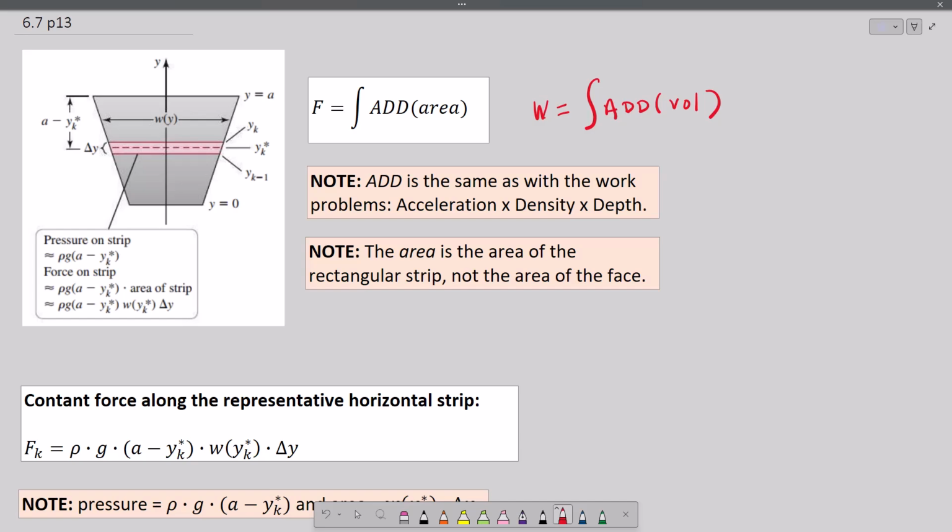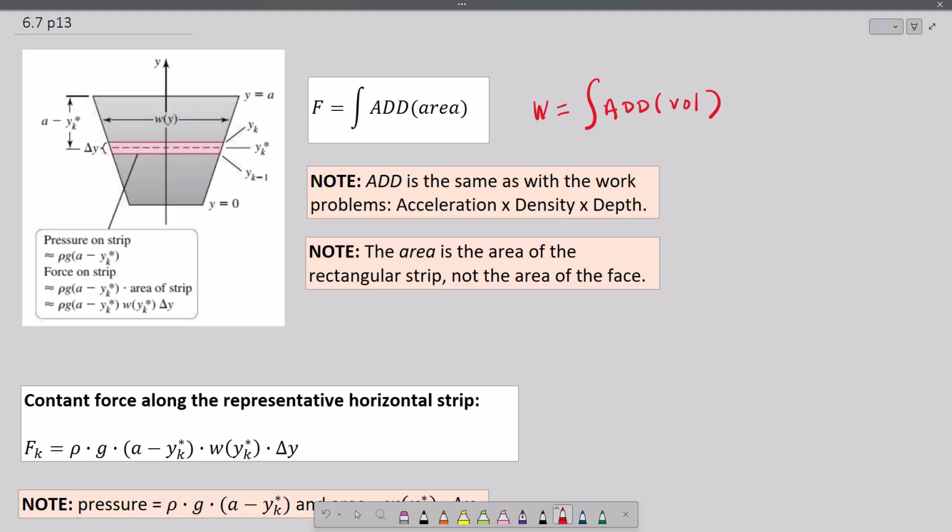So the acronyms work great. The ADD means the same thing, acceleration, density, depth, or distance. And when we're thinking about being submerged, ADD turns into pressure. The units of ADD, if you were to look at the units of acceleration, density, depth, that's pressure. That will have units of pressure.